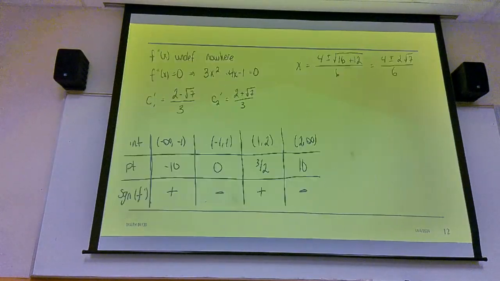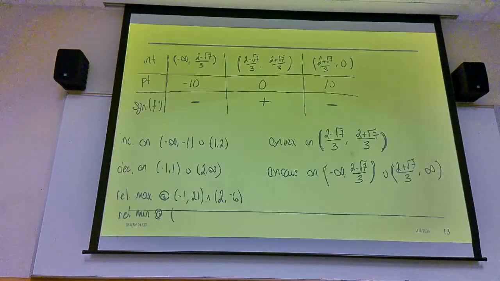Where's the minimum? And f of 1? Negative 11.